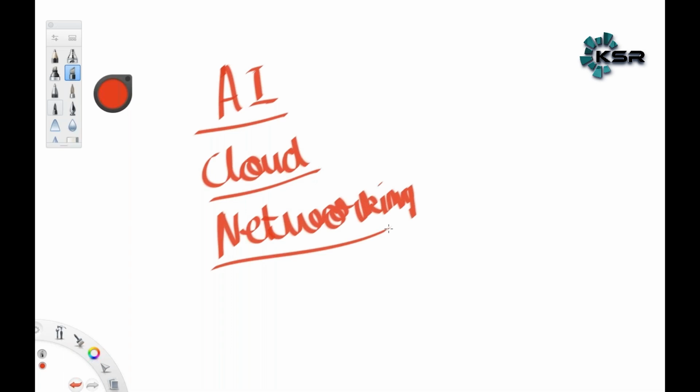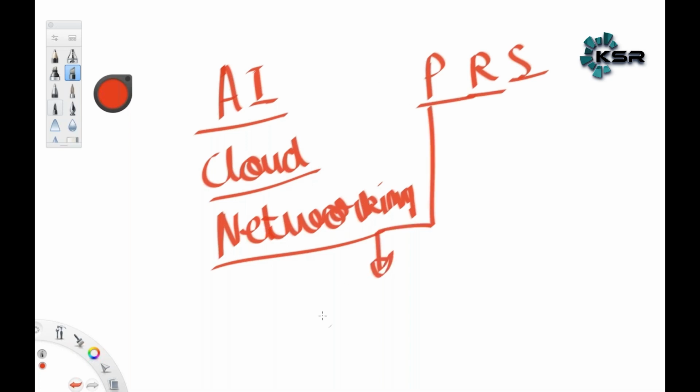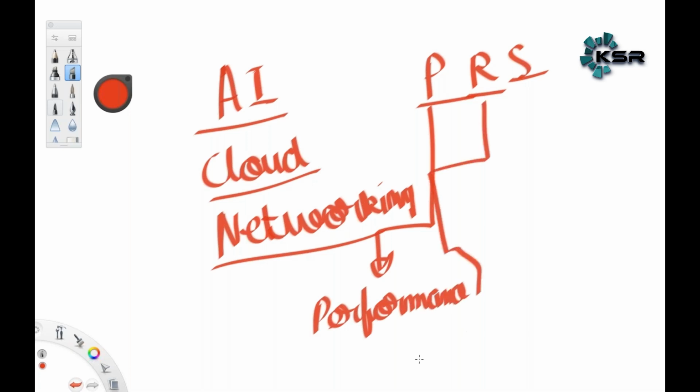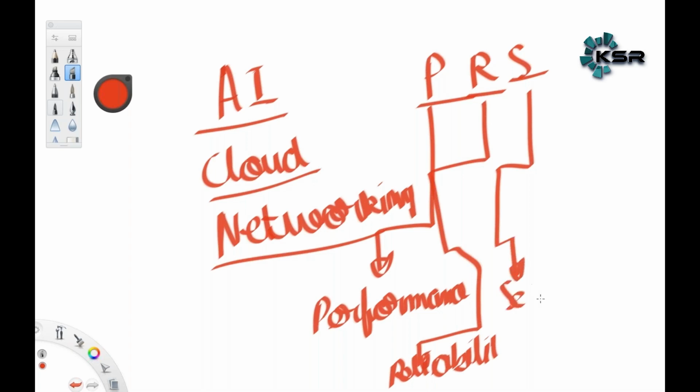All of these domains have three factors. P stands for performance, R stands for reliability, and S, as you are guessing, stands for security.